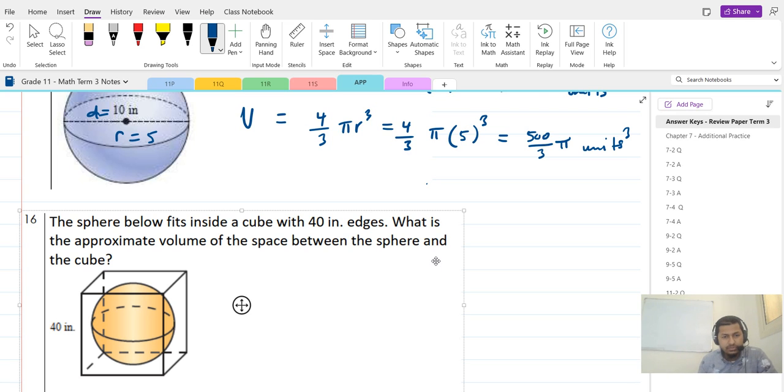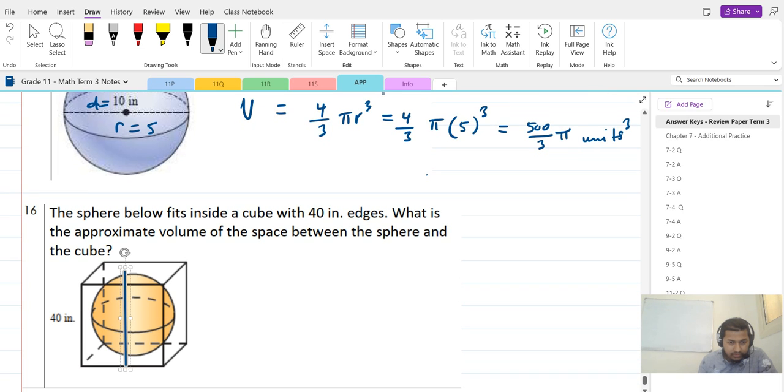What is the approximate volume of the space between the sphere and the cube? So the edges are 40 inches, so we need to find first the radius of this sphere. Remember the sphere touches the top and the bottom, so the radius will be from here to there. The entire diameter is 40, so the radius will be 20.